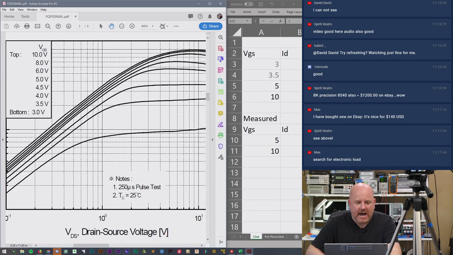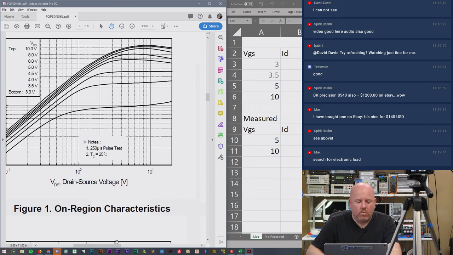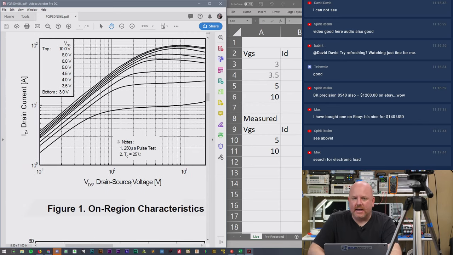And what this graph actually tells us is what the RDS, or the resistance between the drain and source, is when the transistor turns on. What you might notice is missing is that there is drain current, there is VDS, or drain source voltage. These graphs are VGS. There is no RDS anywhere on this graph, except it tells us what the resistance should be. So for an example, we're going to use 5 volts.